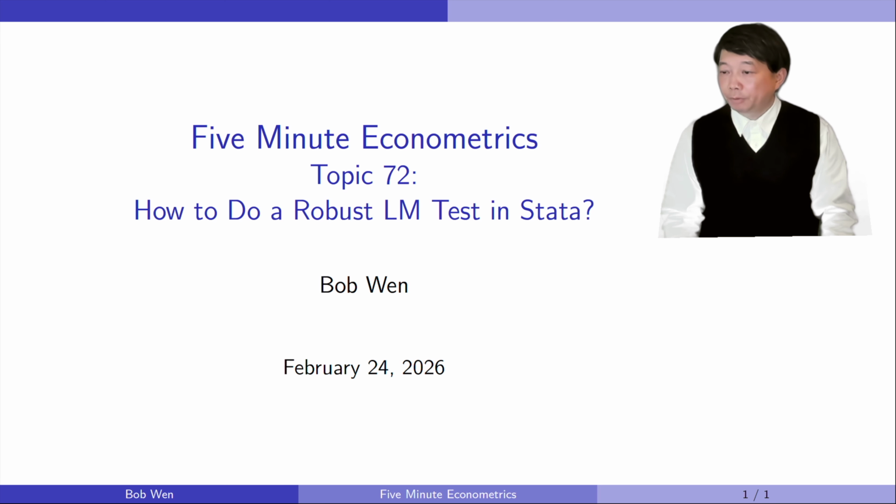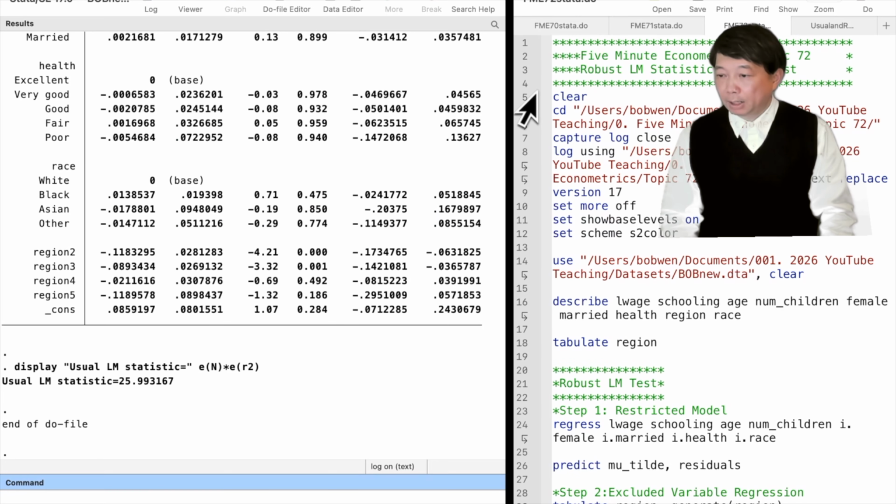The name of the test, LM, is the abbreviation for Lagrange multiplier. There are standard procedures we can follow to conduct a robust LM test. Let me explain using the same example as in the previous topic.